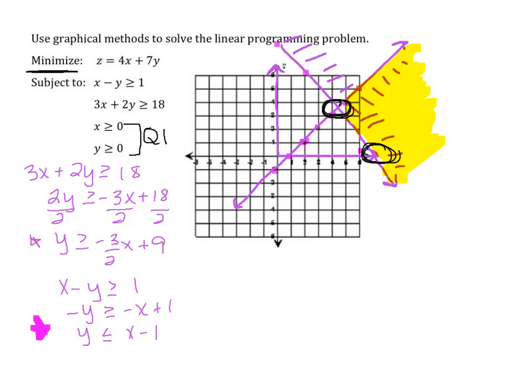So we need to check the point 6, 0. Hopefully on your graph you can see it a little better than my graph. And then we also need to check the point 3, 4. Again, I didn't graph very well, but we need to check these 2 points to see which one works the best.